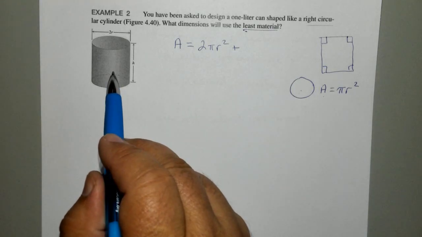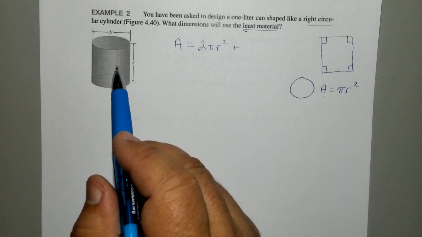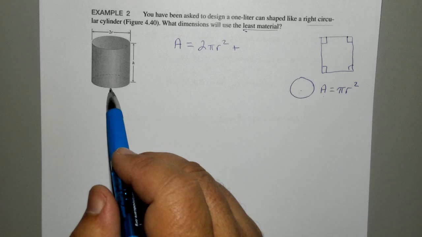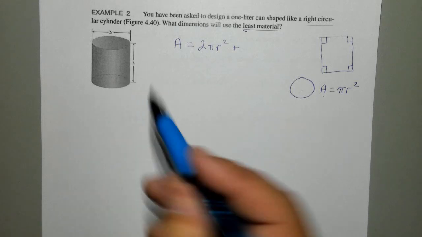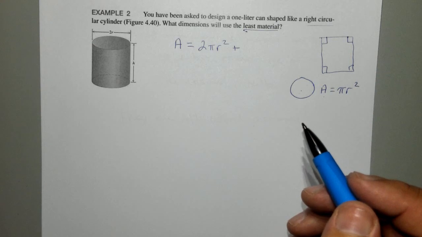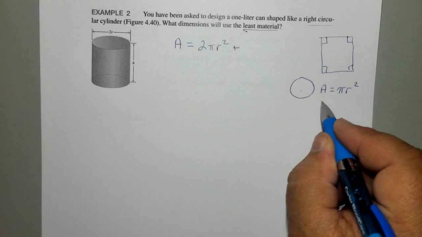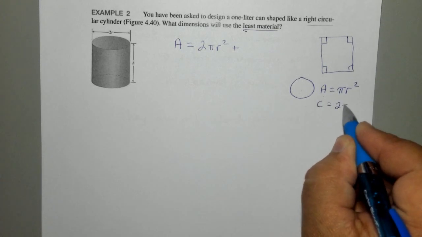Now, what is the surface area of a cylinder? The circumference is 2 pi r.